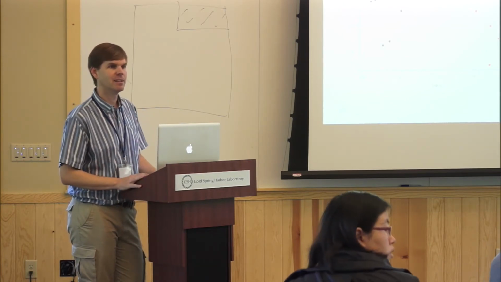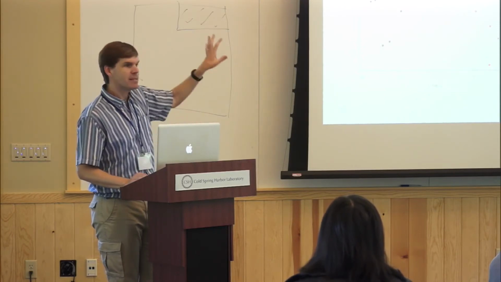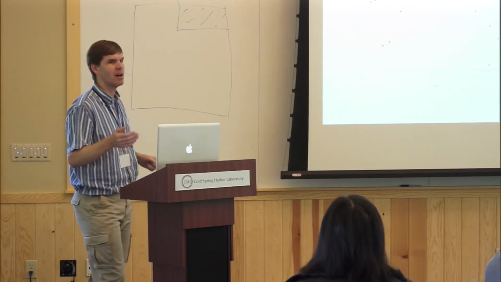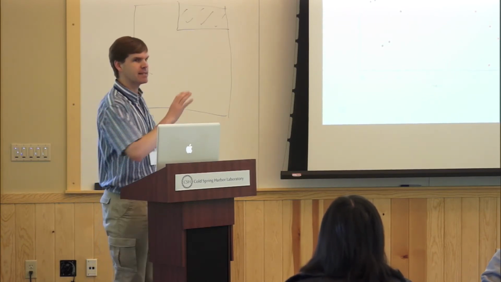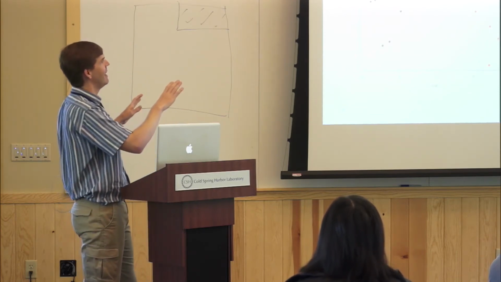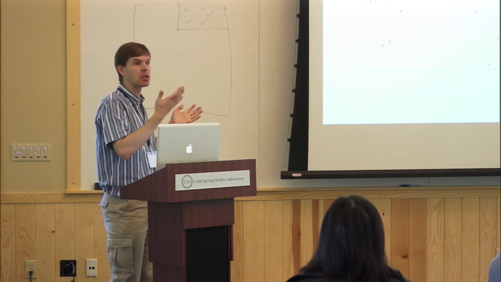Yes? Is it the same as principal component analysis? It's not the same as principal component analysis. Principal components are a little bit different. Well, in practice, the pictures that you get from principal component analysis and multidimensional scaling often look similar.